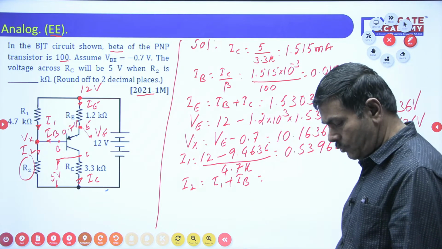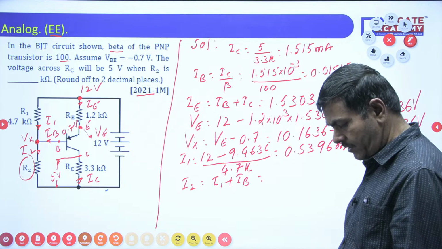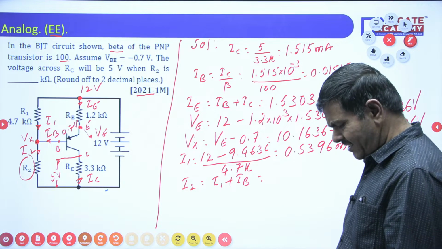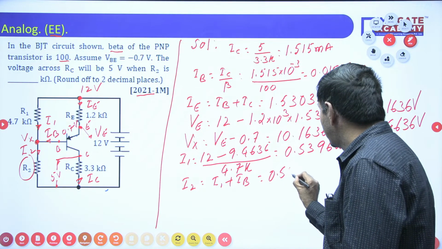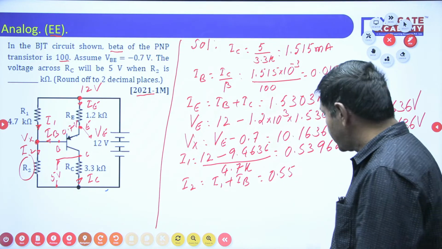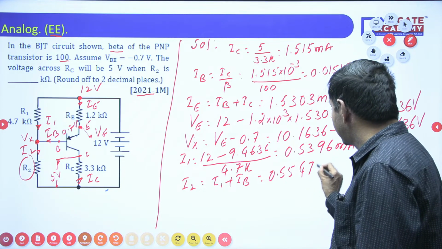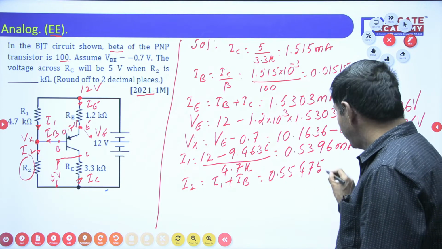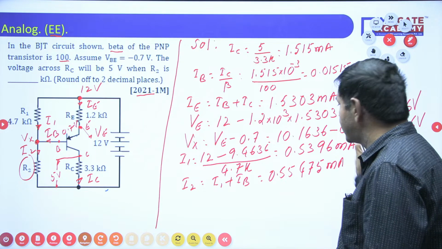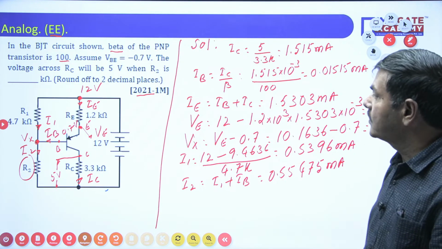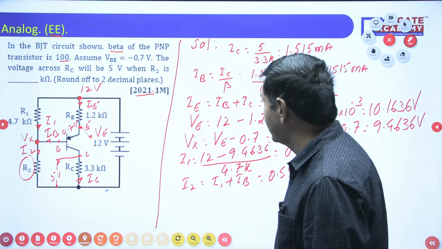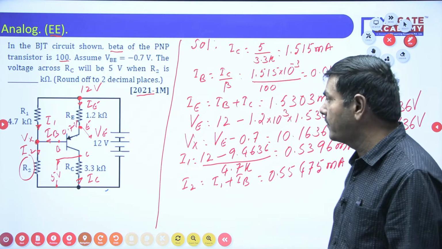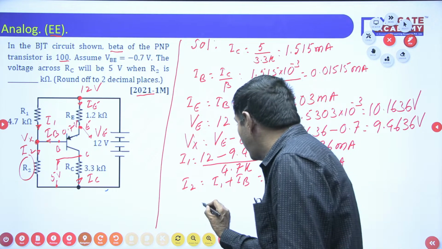Finally, I2 will be 0.55475 milliamperes of current. We got I2, then it is simple. The problem is somewhat lengthy only. Understand now. Sometimes you can expect such types of lengthy questions also.